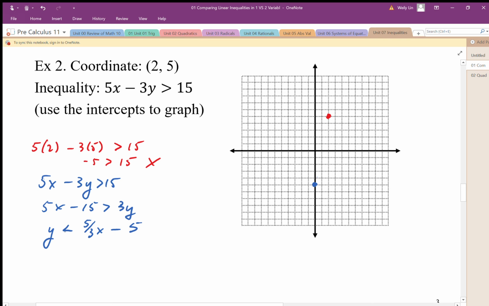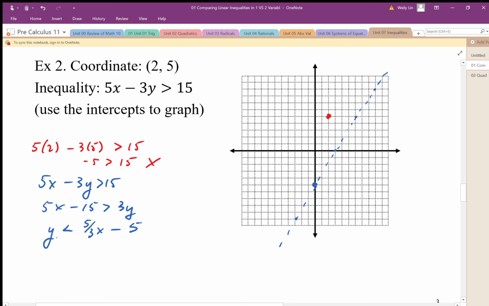It's not including the boundary, so I'm going to draw it as a dotted line. It's going to be a rise of 5, run of 3. So it's going to be something that looks like this. Because I don't include the boundary as part of my solution set, I'm going to draw that line as dotted. I can also see that the red dot above doesn't work, so I should assume that below works.